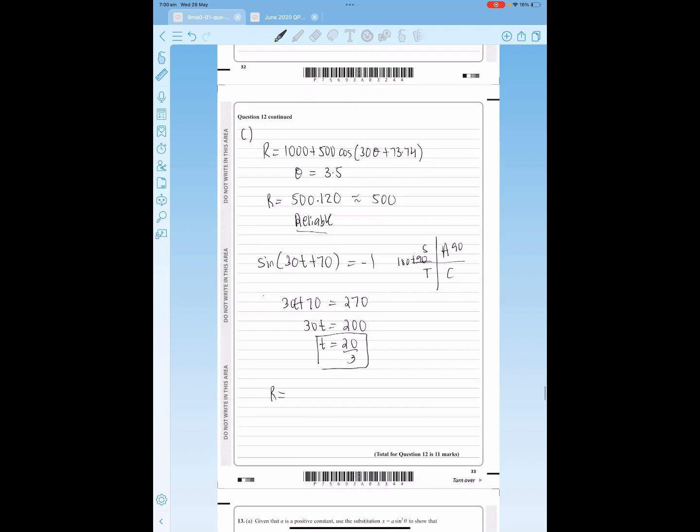R is equal to 1000 plus 500 cos 30 times 20 over 3 plus 73.74. And now let's evaluate and see what we get. 30 times 20 over 3 plus 73.74. We get R is equal to 1032. And that's our answer for question 12.